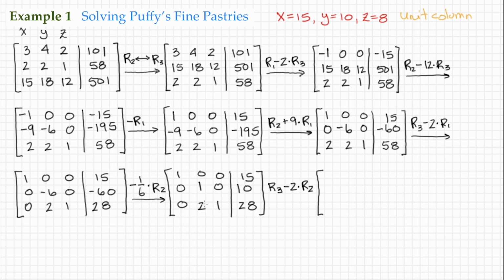That winds up being 0. So I'm going to have 0, 0, 1. Bring down my vertical line. 2 times 10 is 20. 28 minus 20 is 8. Close off my bracket. Fill in the rest of the values.